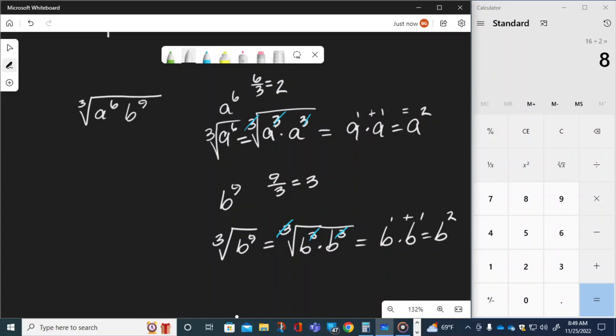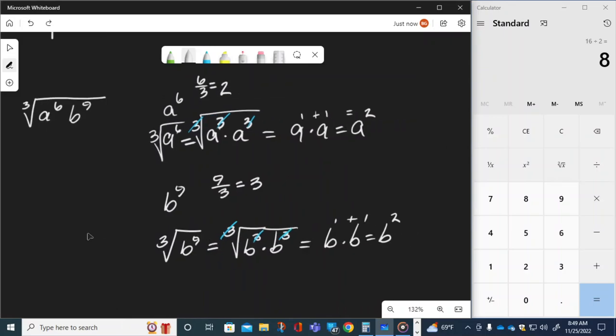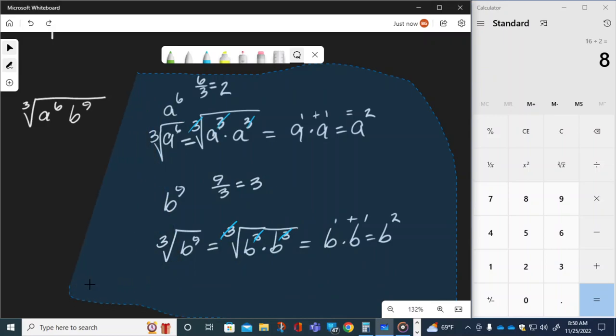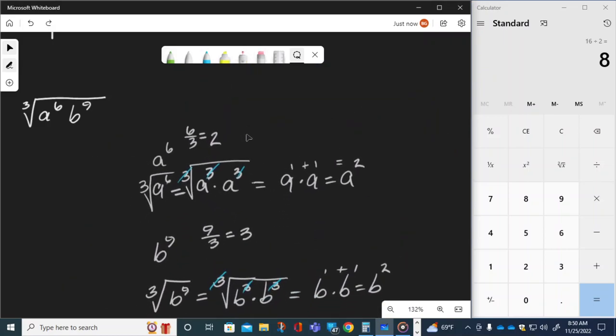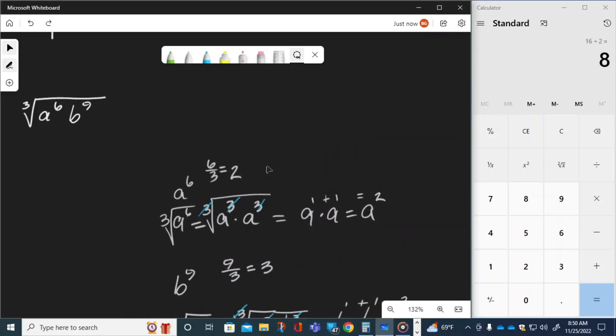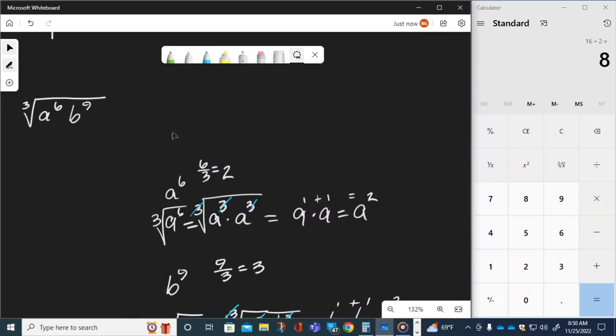And therefore the answer to this, let me see if I can move this along, because I want it to be clear with the answer. Okay.